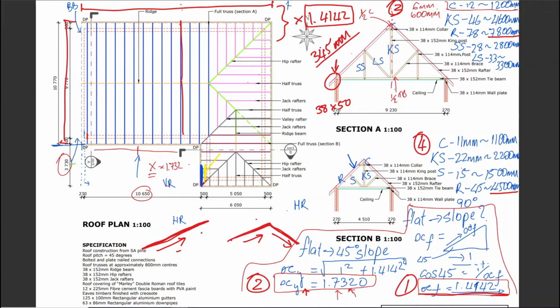And if you're in a rush, you might forget that this one is actually a valley. So with a lot of stuff you can plug and play and copy across, and that's when you get caught out, because this one you can't. This is a valley and it does not get a ridge tile. So that would catch you out if you're racing, you know. So you must be aware of these things, and it's probably best to label them as well.